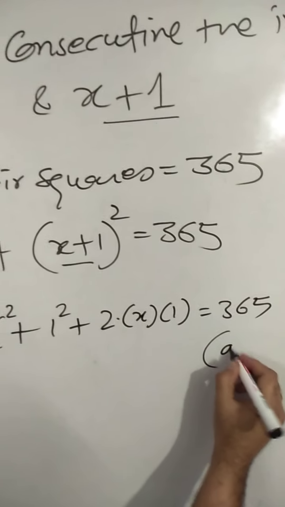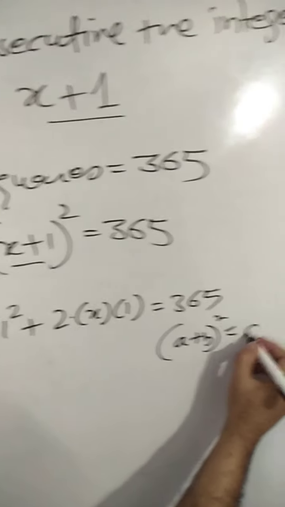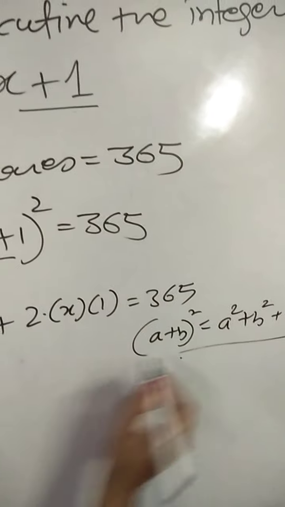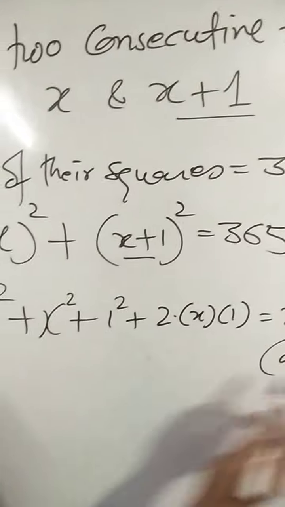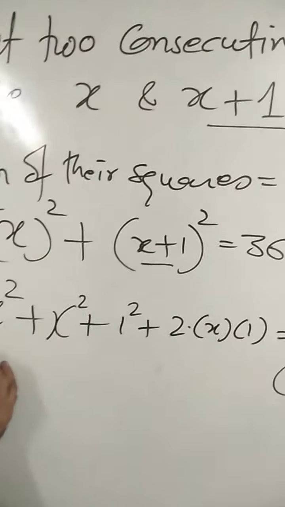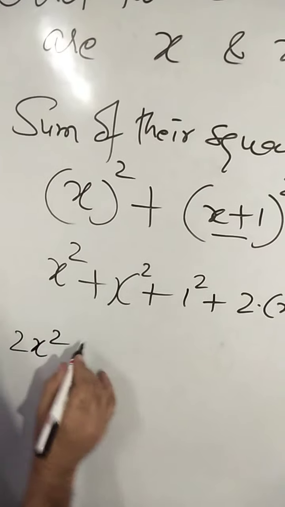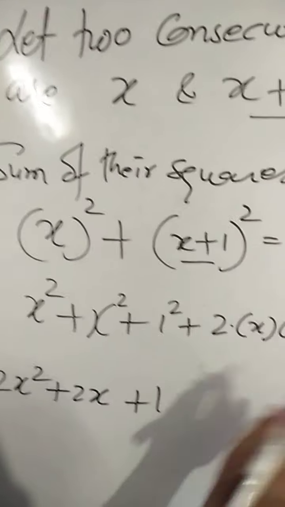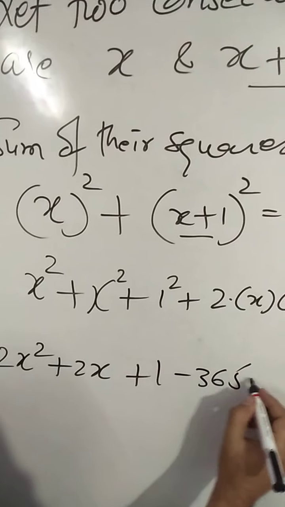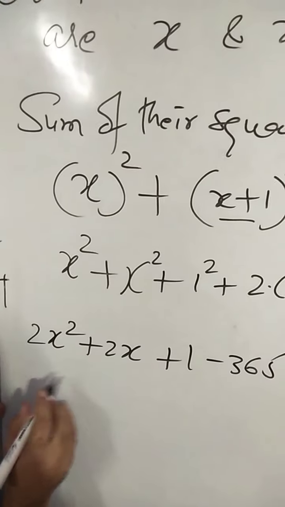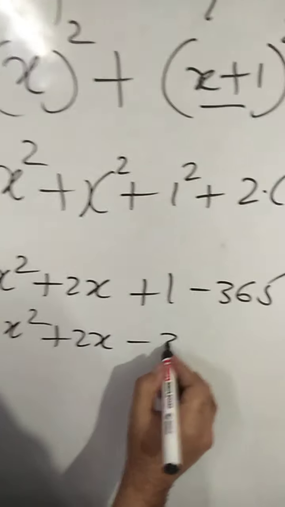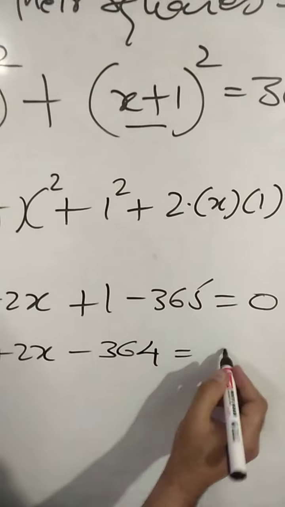Whenever you apply identity, you need to mention that identity always. इस बात को हमेशा याद रखेंगे, अदरवाइज 2ab वाली टर्म आप लोग कट कर जाते हैं. x square plus x square, 2x square plus 2x plus 1. Take this 365 to this side equals to 0. So 2x square plus 2x minus 364 equal to 0.